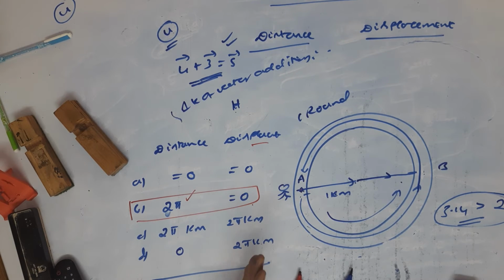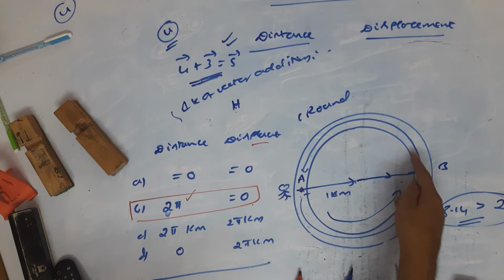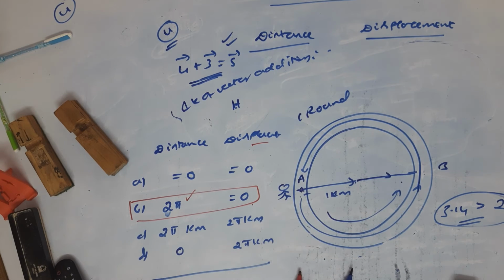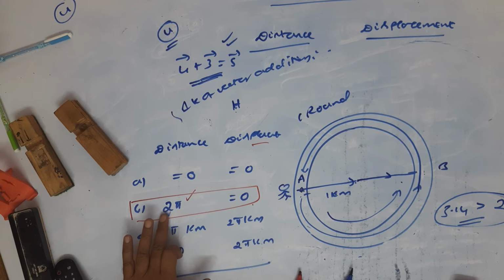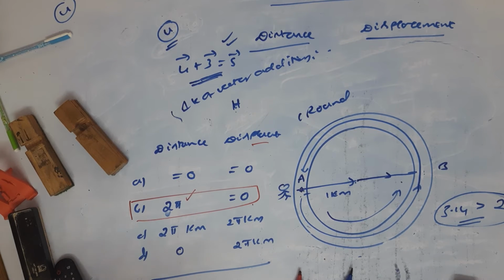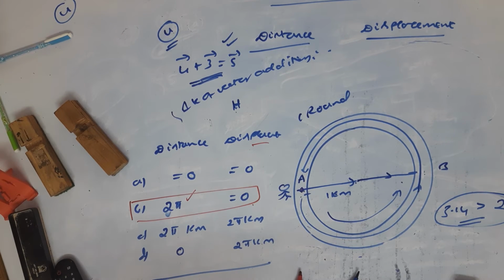That's why I told one thing: during the journey, the displacement can become 0, but the distance is not equal to 0. It is 2 pi kilometer. I hope you are able to understand.